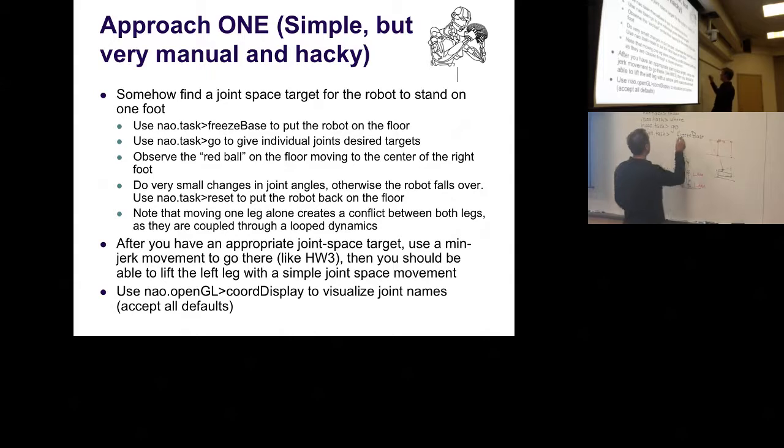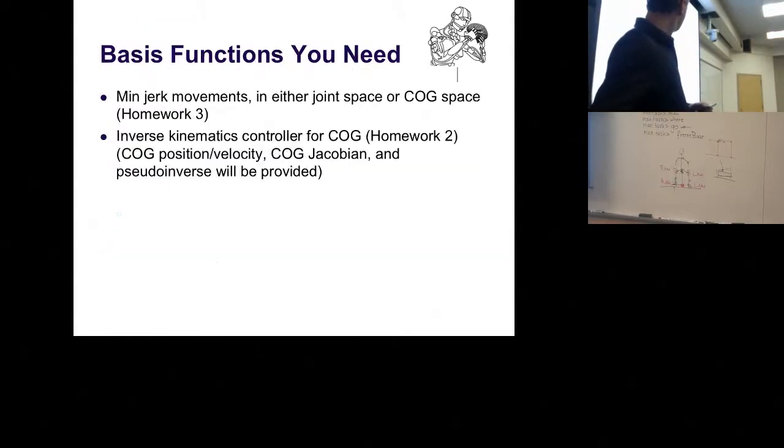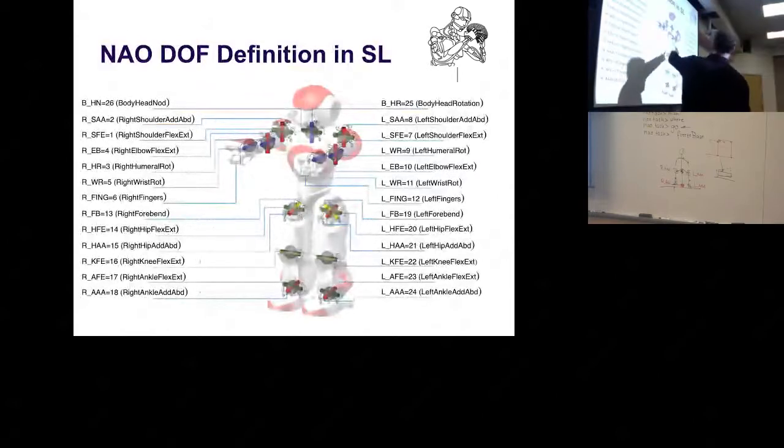So if you use the go command, we're back to this guy here. Now you can go, and if you use option 0, you can change all degrees of freedom at the same time. Let me see if I manage to go backward to my little picture.